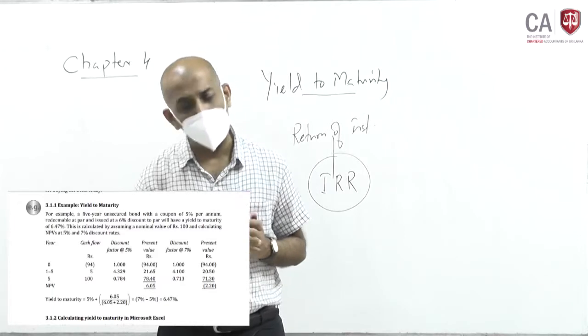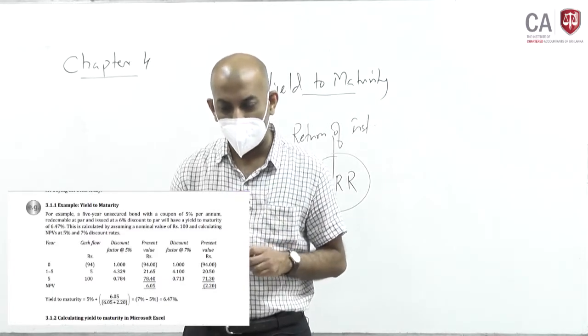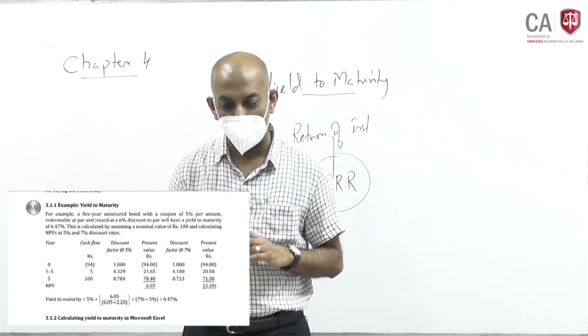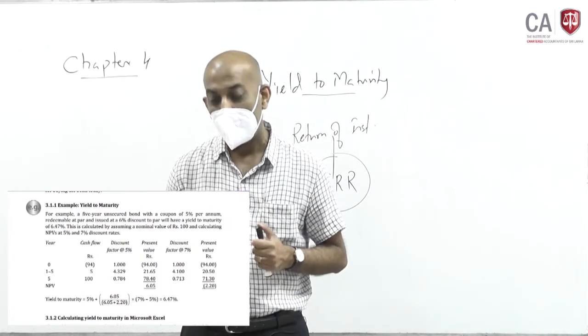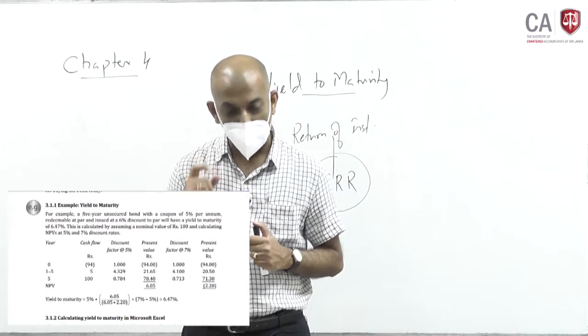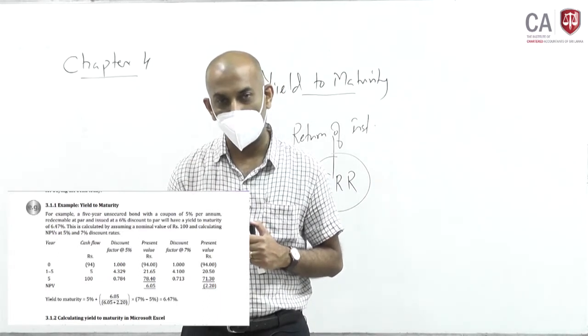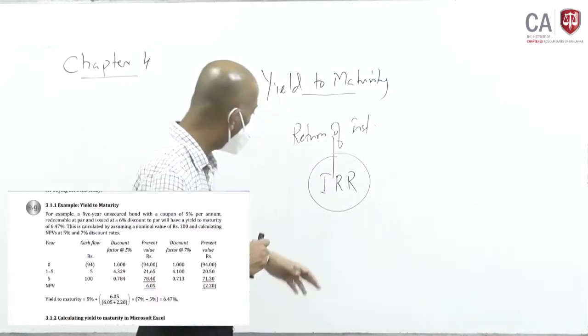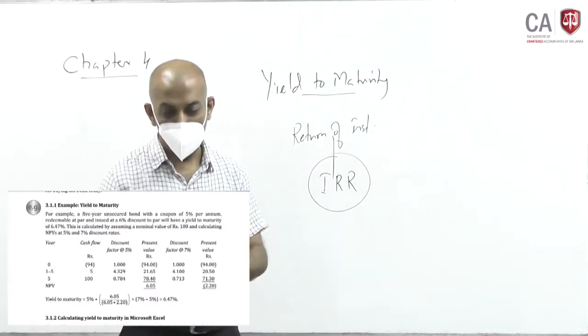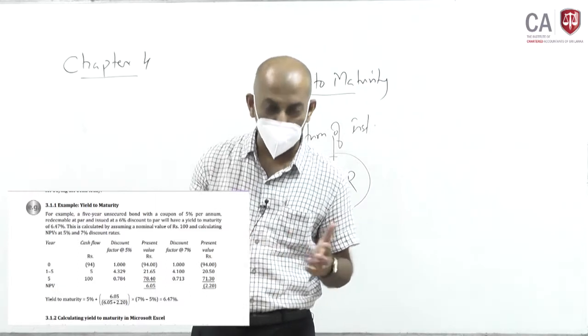Assuming a nominal value of 100, they have given you the nominal value, calculating NPV at 5% and 7%. So they are helping to calculate the yield of the instrument. You have to calculate the cash flows of this investment at 2 rates, because you have to calculate IRR, as I mentioned. IRR is the yield.